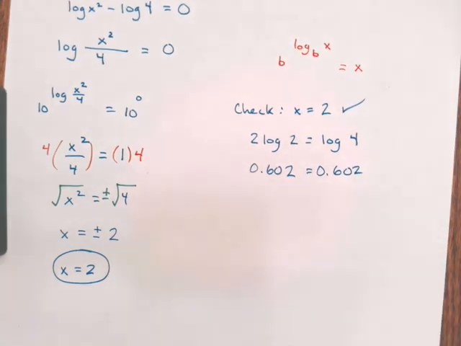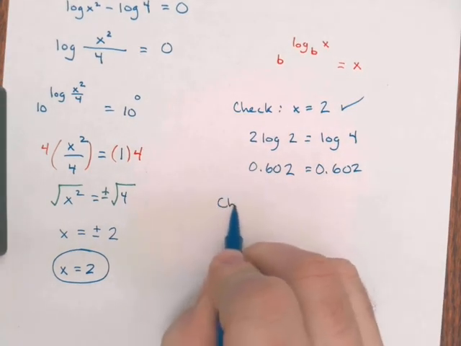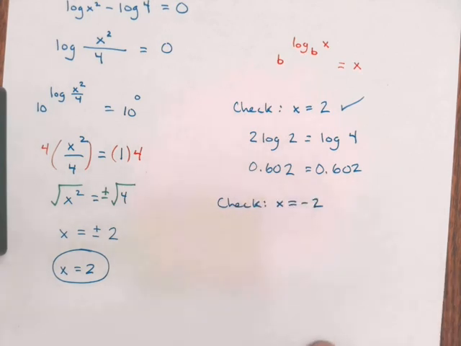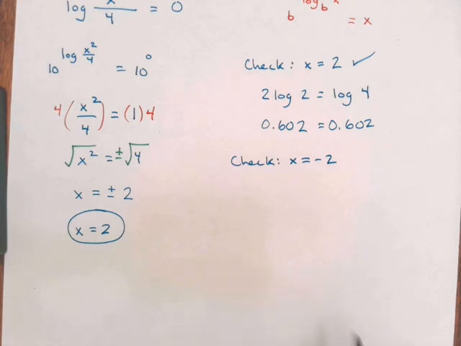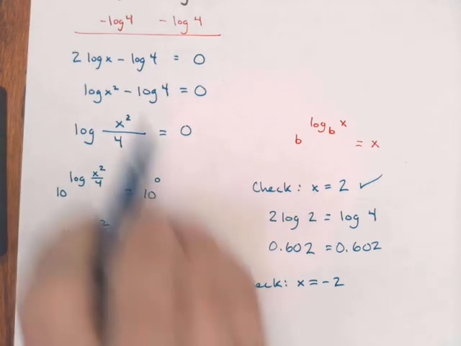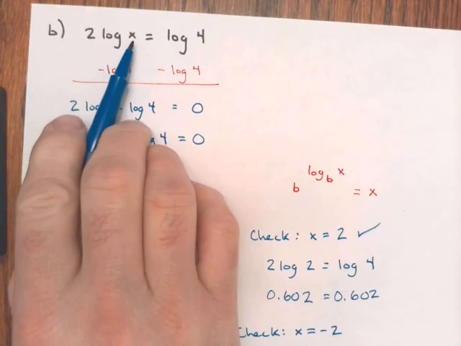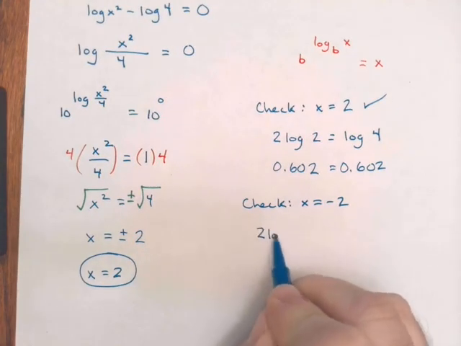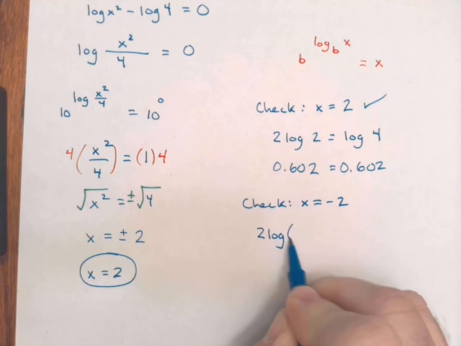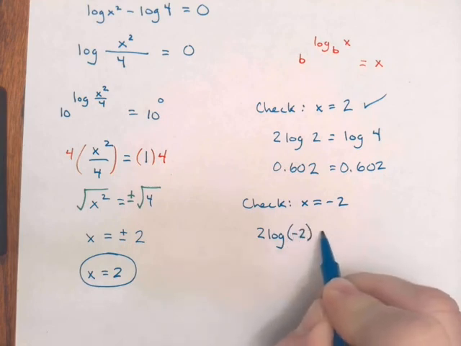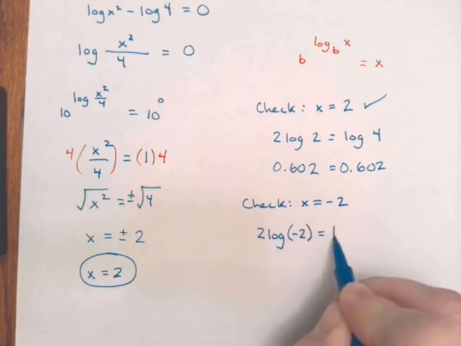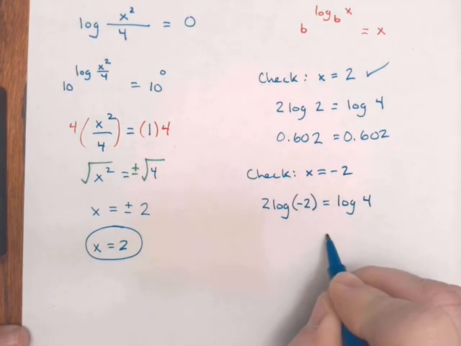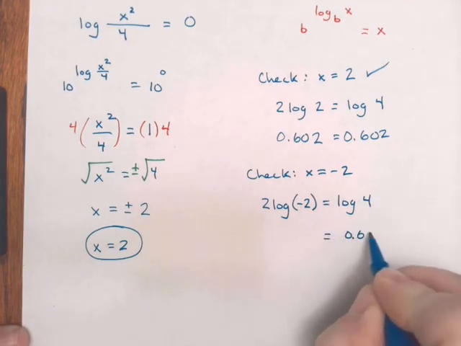That does check. I also want to do the same thing and see if x is equal to negative 2. So taking negative 2 and plugging that in for the x up here in the original, we end up with 2 times log of negative 2. I want to see if that is equal to log of 4. I already know what log of 4 is. That's approximately 0.602.